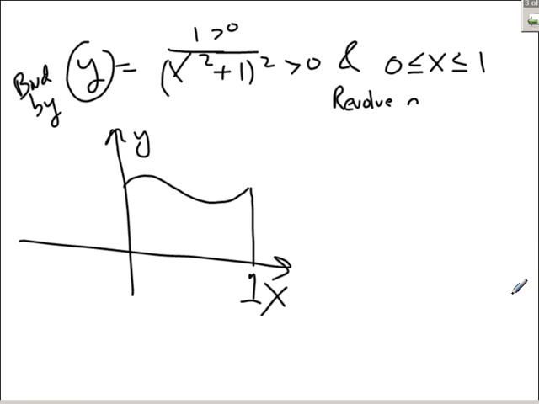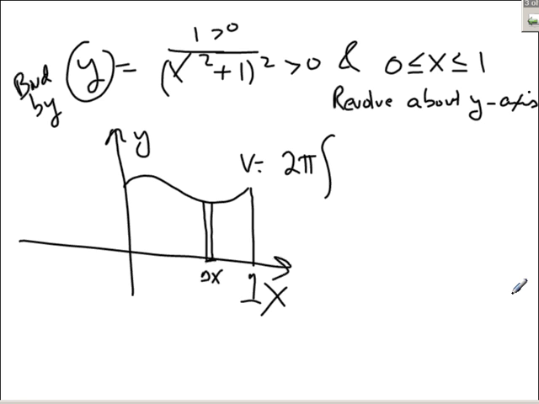Revolve about the y-axis. If you revolve it around the y-axis, or even parallel to the y-axis, the strips that you draw are parallel to the line you're revolving around. That's the strip. That's delta x. Now, we know the volume is 2 pi times the integral of the radius.